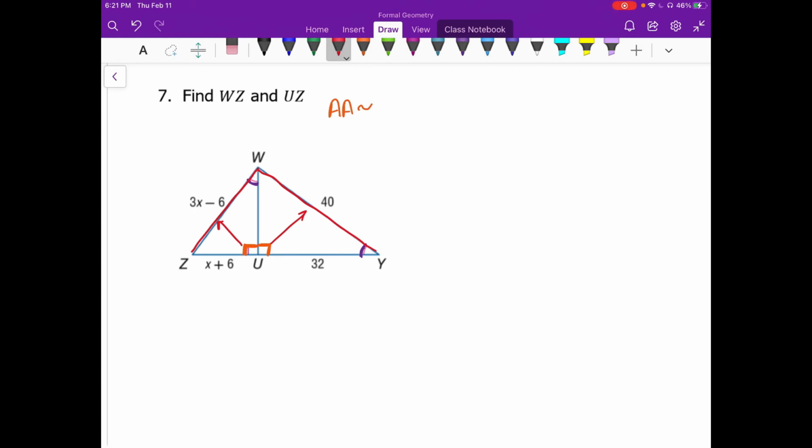So that's my first proportion, 3x minus 6 over 40. That's going to be equal to a second proportion. This proportion is going to be ZU over UY. So ZU was x plus 6 over UY, which is 32.